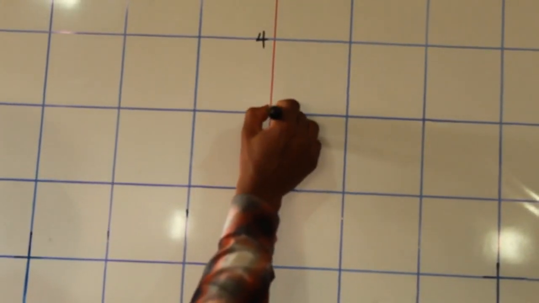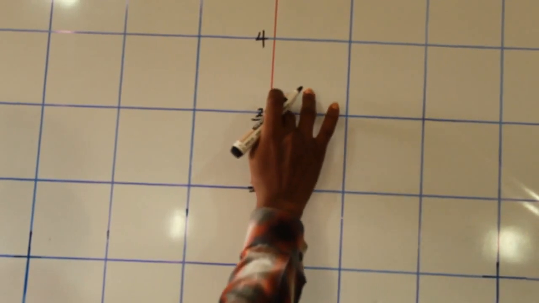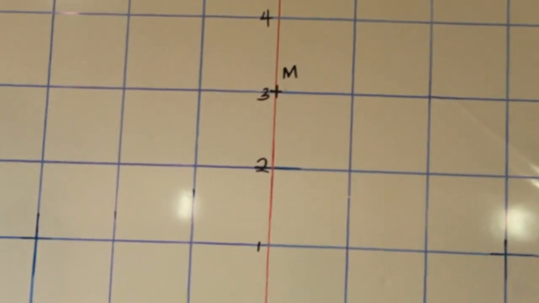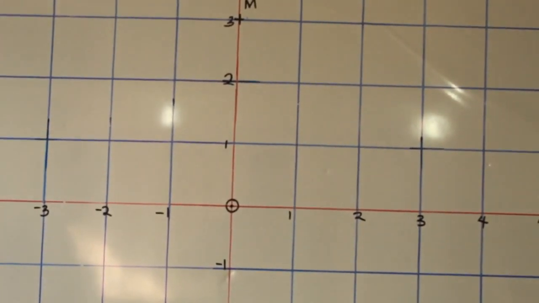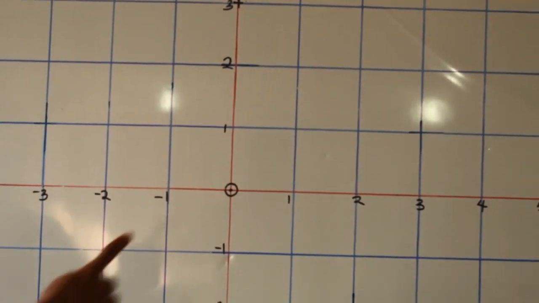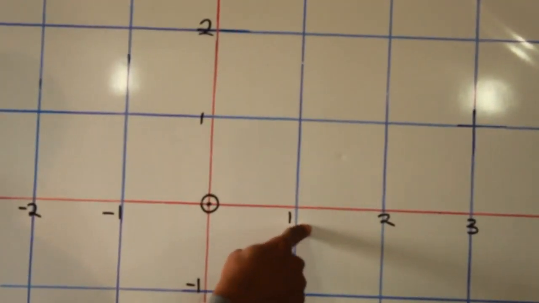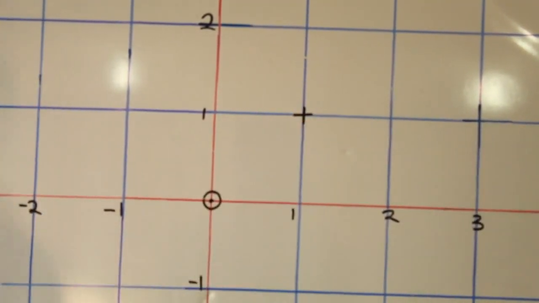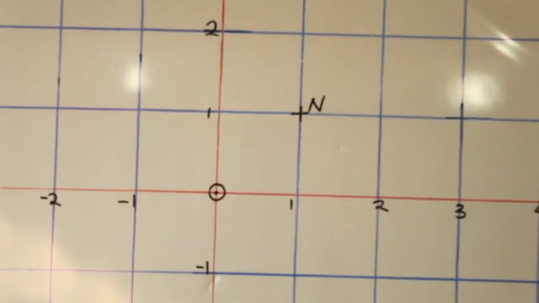Now, this is our point M. I'm just going to write M there, without the coordinates. Our next point is N, and our N is (1, 1). From the origin, 1, 1. So this is our point N.